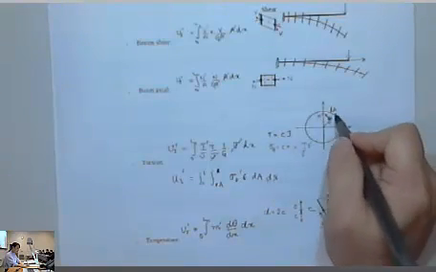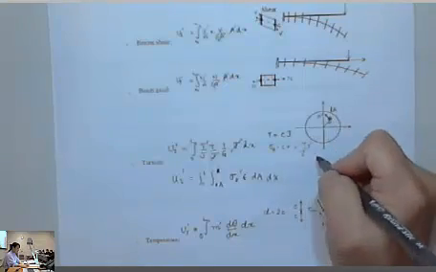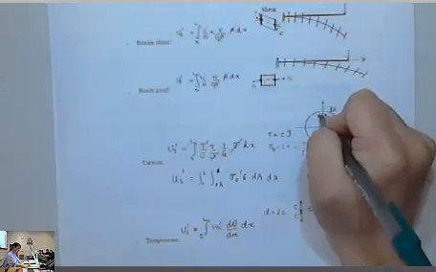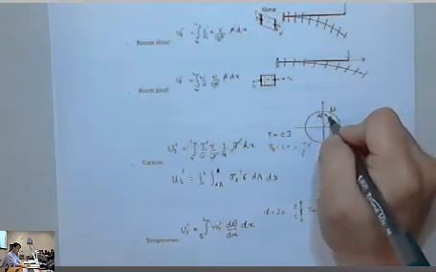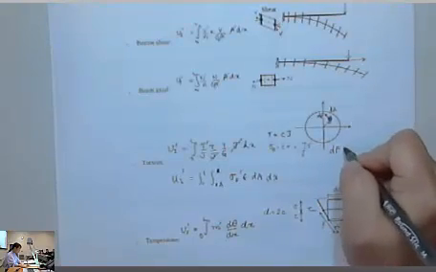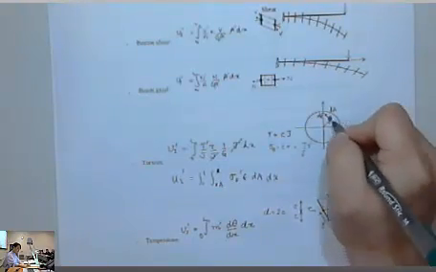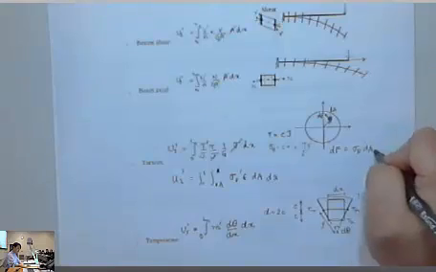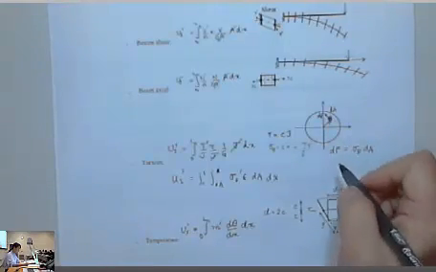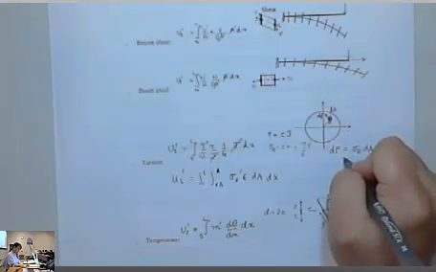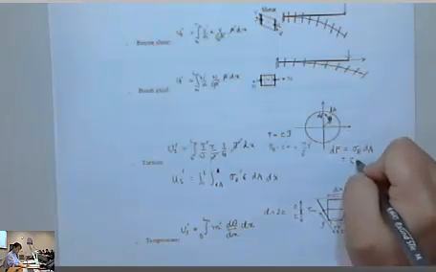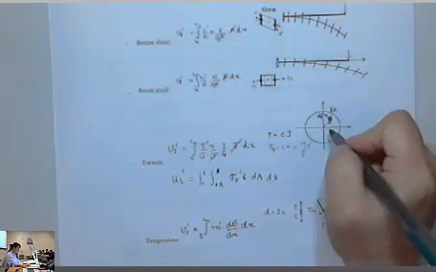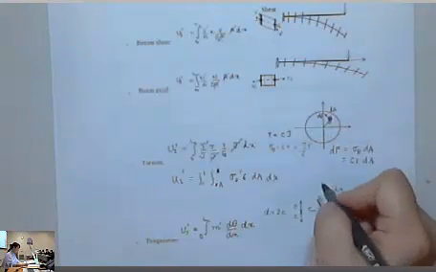So if we look at this cross section here, we can see that to calculate the force over this small area, it will be just this shearing stress over this small area times the small dA, and that will give us cρ over c dA, where c is actually the radius of this cross-sectional area.